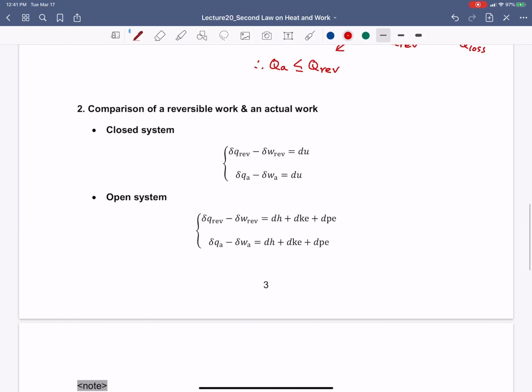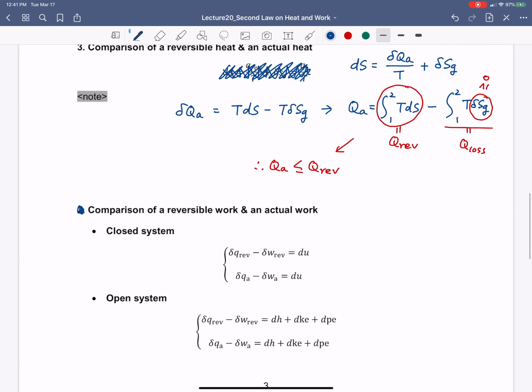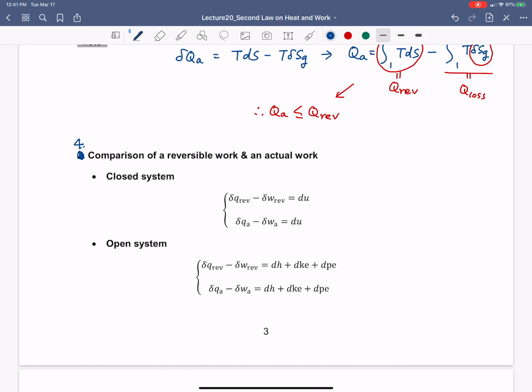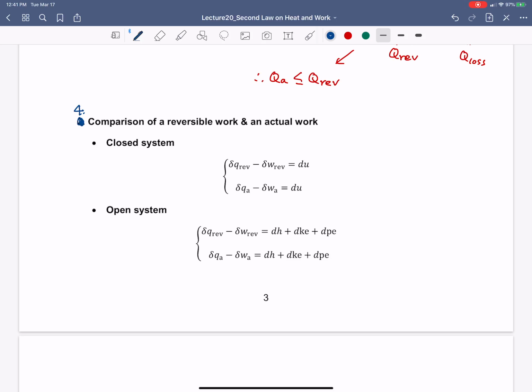Then how about a reversible work and actual work? Now let me change this 2 to 4. Then if you try to write the first law of thermodynamics, let's talk about the closed system first. Then we can write the first law of thermodynamics as that.